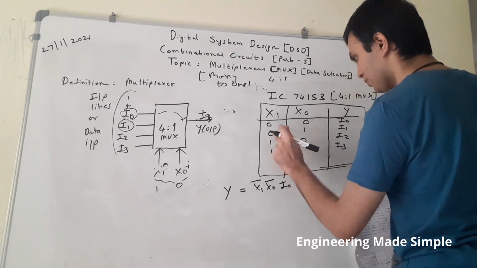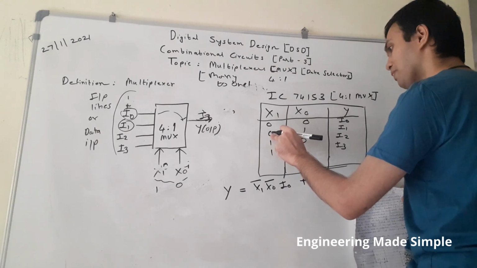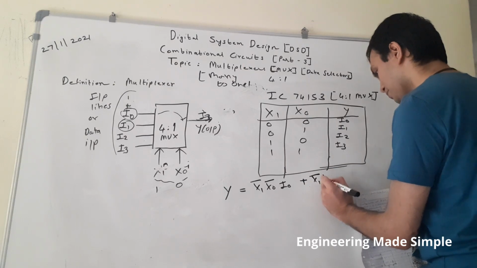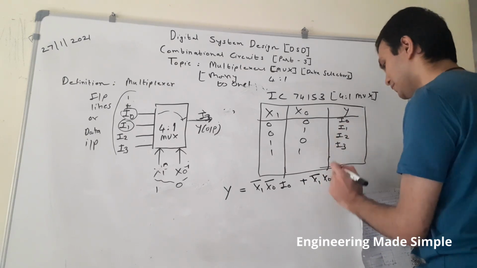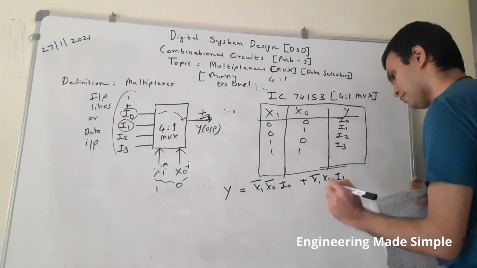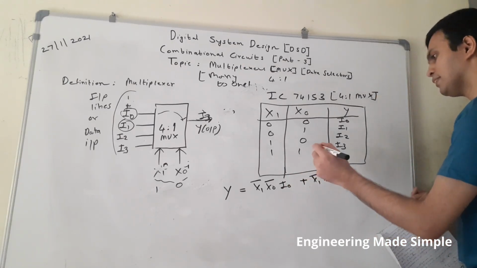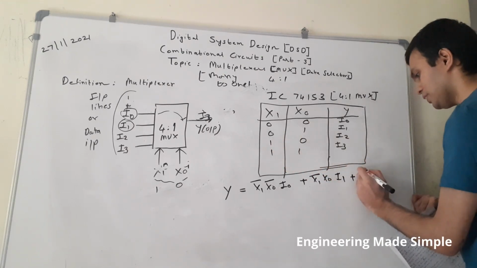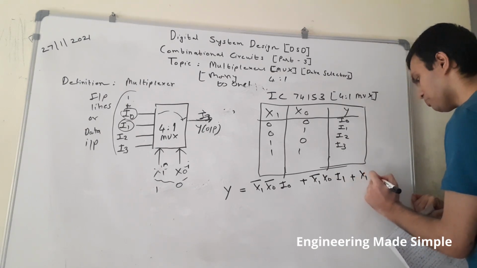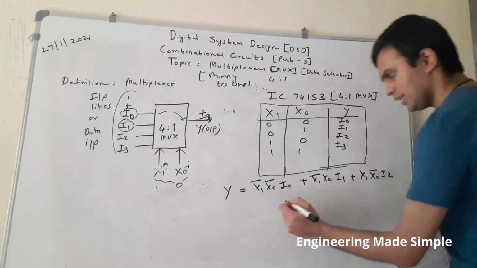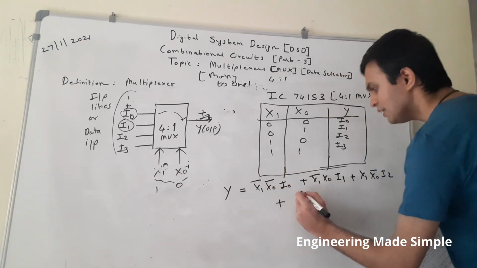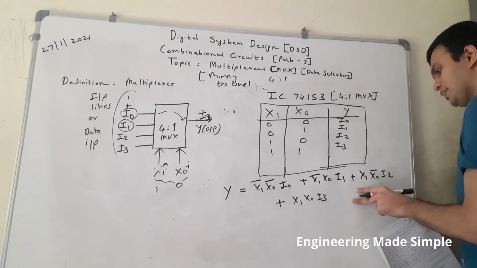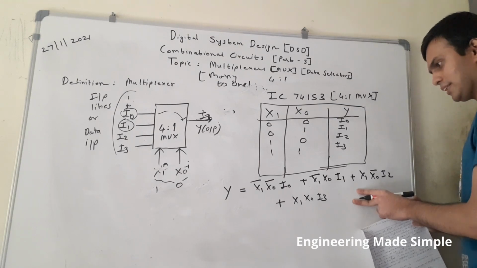Then for the next row, x1 value is 0, so it is x1 bar, x0, and here I1 is there, so I1, plus. When x1 is 1, it will be x1, x0 bar, I2, and then the last term will be x1, x0, I3.